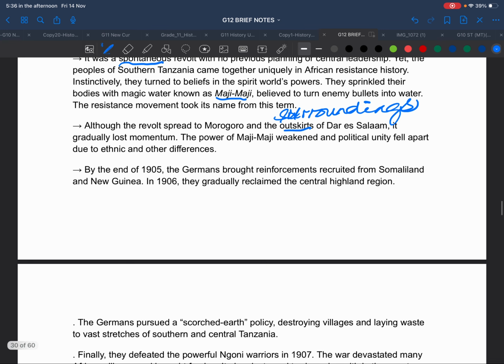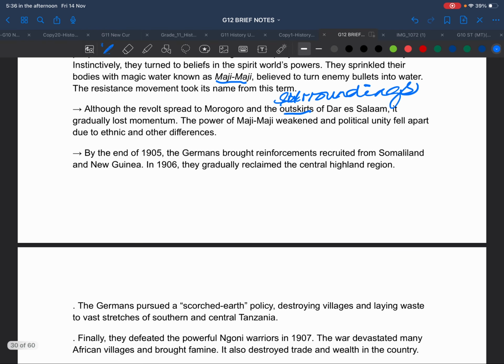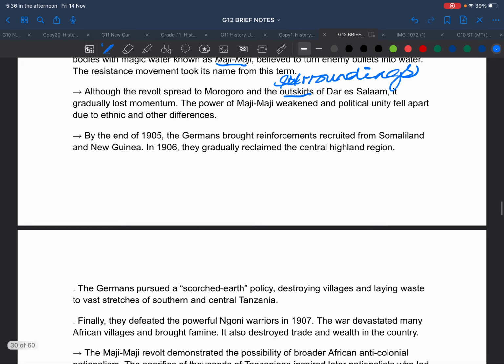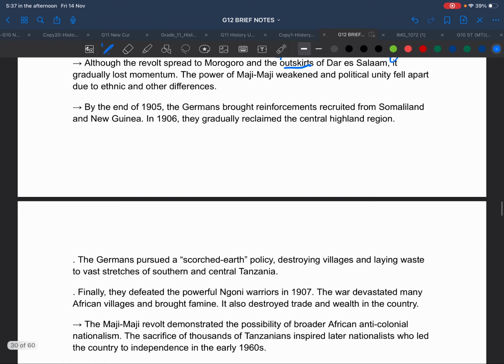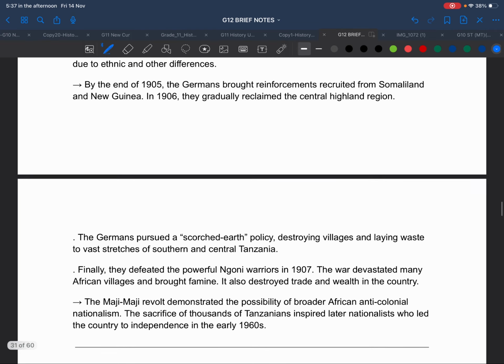It became powerless. The power of Maji Maji weakened, and political unity fell apart due to ethnic differences among the people of Tanganyika. That was the problem most African people suffered from, ethnic difference, the worst.